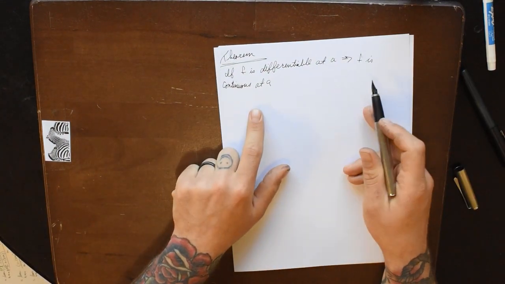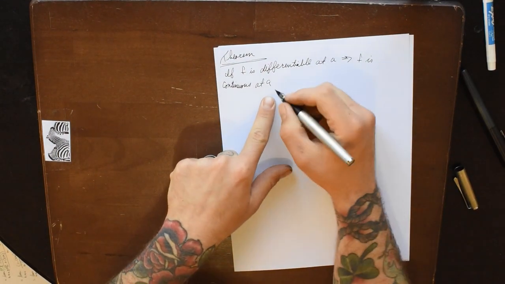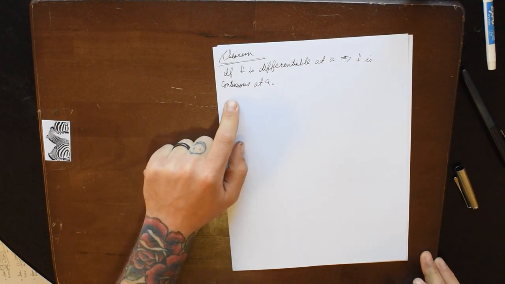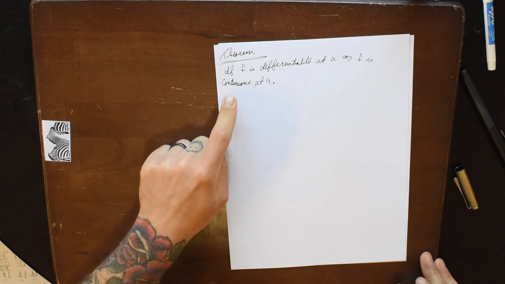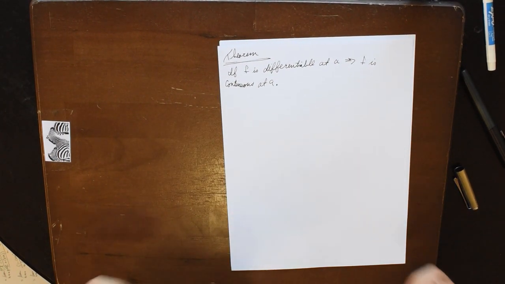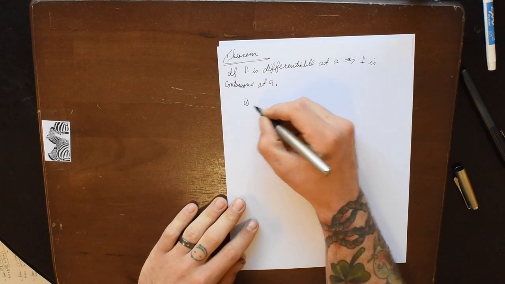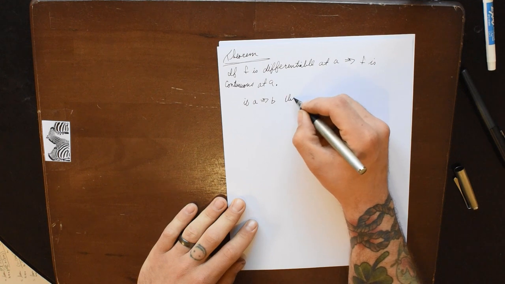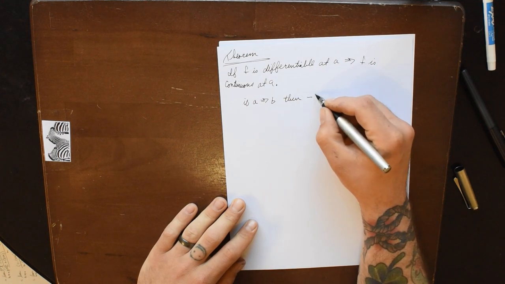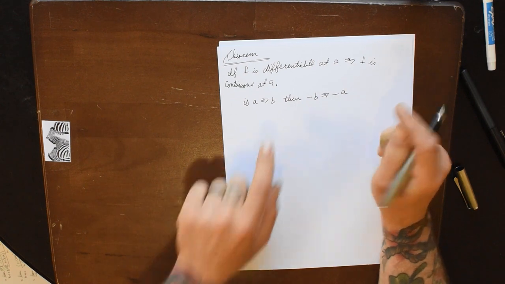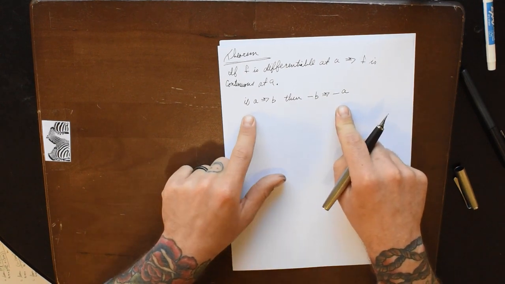So if f is differentiable at A, f is continuous at A. And in all honesty, continuity is a little bit easier of a question to answer than differentiability. There's a thing in set theory, formal logic, that says if A implies B, then the opposite of B implies the opposite of A. This isn't the formal notation for it, but that's the idea.